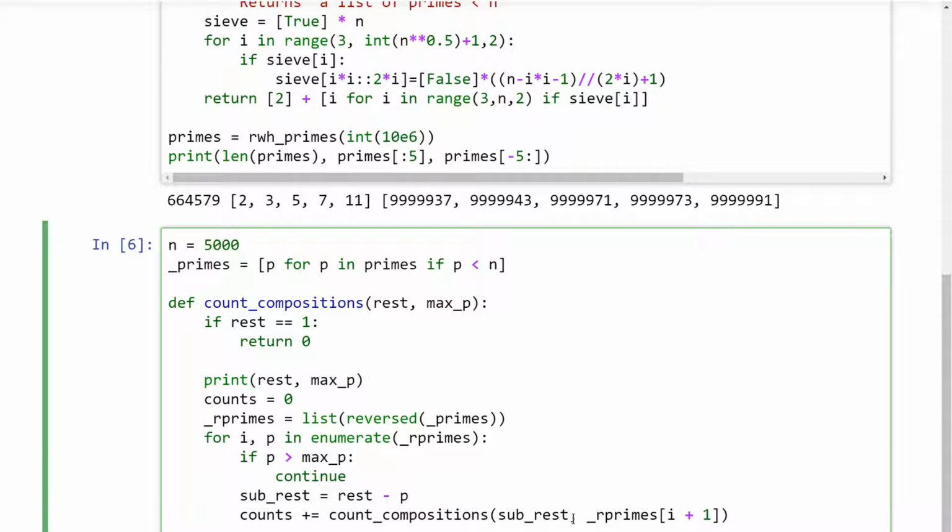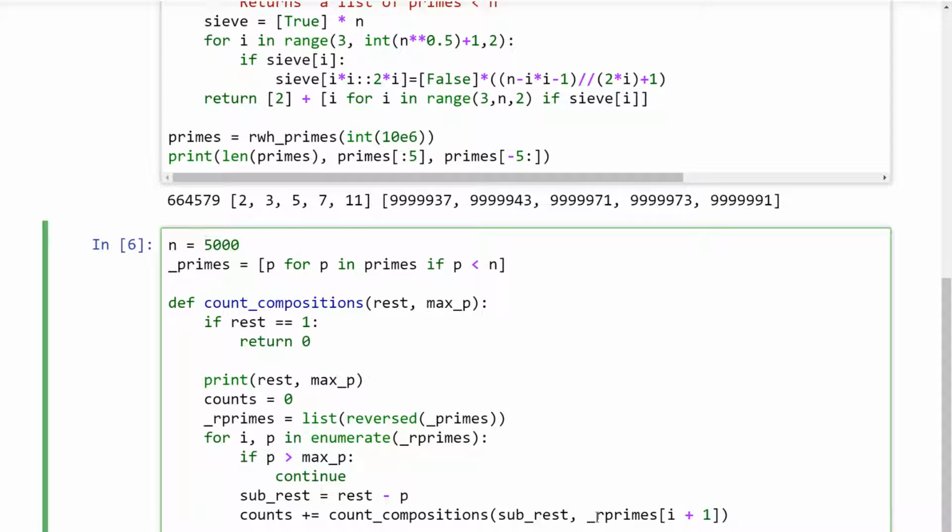If subrest is less than this, then that's the case where our primes is empty. No, that's... let's just think about the other one.